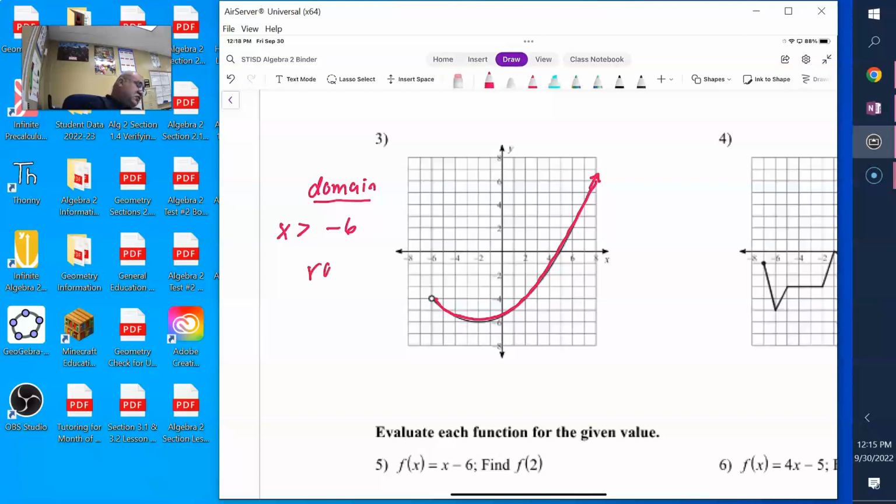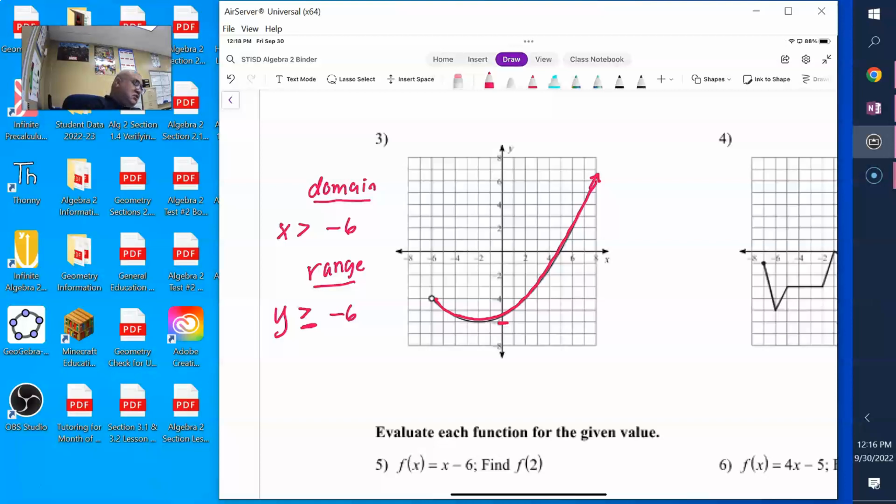The range, you have to look at the lowest y value. In this case, it is -6. And it does go on to infinity. So it's going to be y is greater than, and since it's closed, it's going to be equal to: y is greater than or equal to -6.